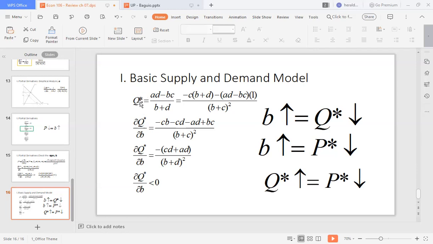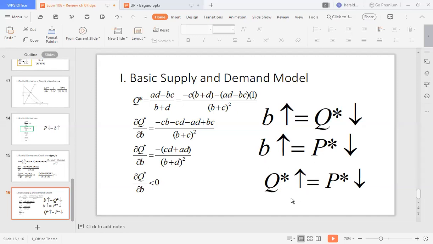In this case, we had our equilibrium quantity, which is equal to AD minus BC over B plus D. Then we treated Q star as a function of A, B, C, and D. And we used the same quotient rule to get the partial derivative, which is lesser than 0.